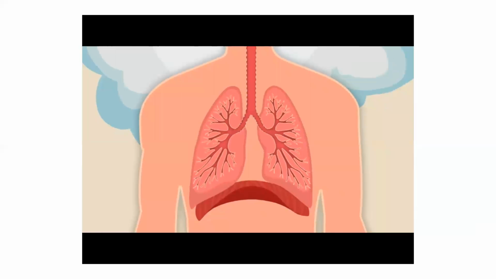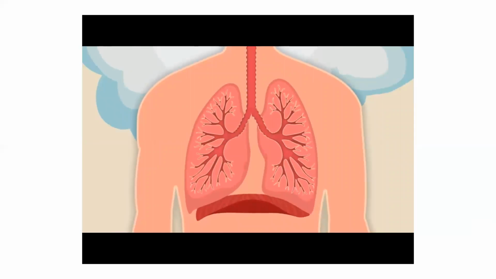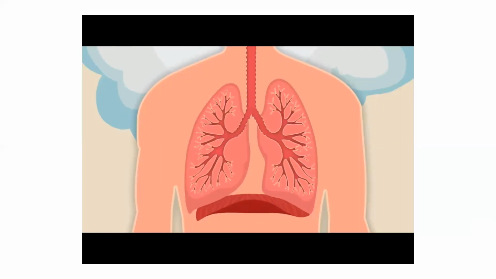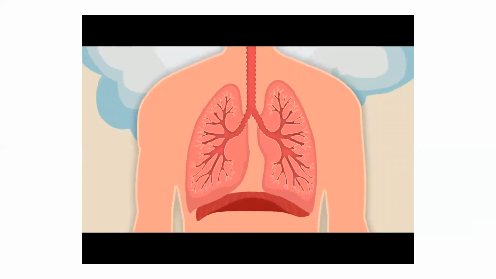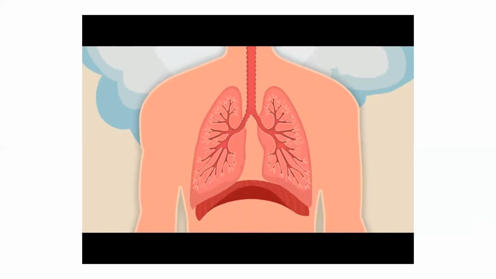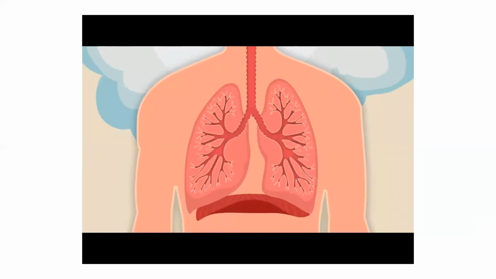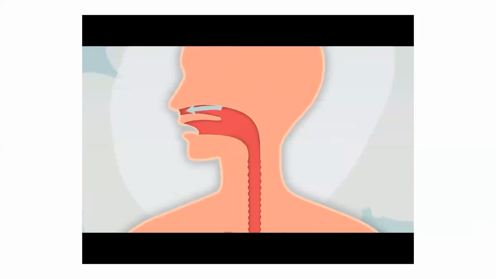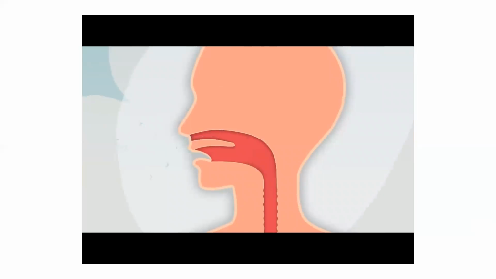The lungs inhale air with the help from your chest muscles and diaphragm, a dome-shaped muscle under the lungs. As you breathe in, your diaphragm contracts and flattens out. This allows it to move down, so your lungs have more room to expand as they fill up with air. So when you exhale, everything happens in reverse, and the air goes out the way it came in?